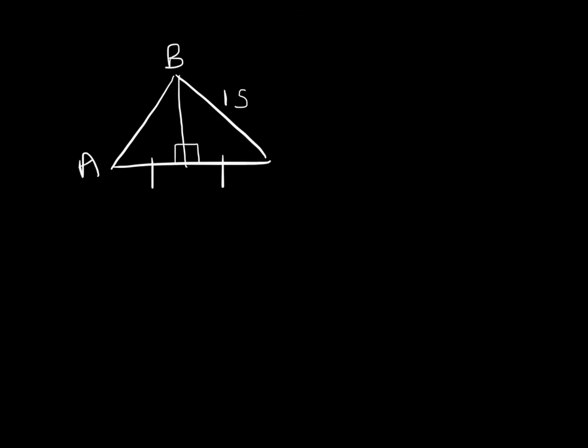You're probably wondering, how would we use this? Well, I'll give you a very quick example. If we had a triangle and we are told that in this triangle, that's congruent to that, and I'll make this A, B, C, D, if I tell you that AD is congruent to CD, and I tell you that BC is 15, well then you should be able to tell me that BA is also 15.